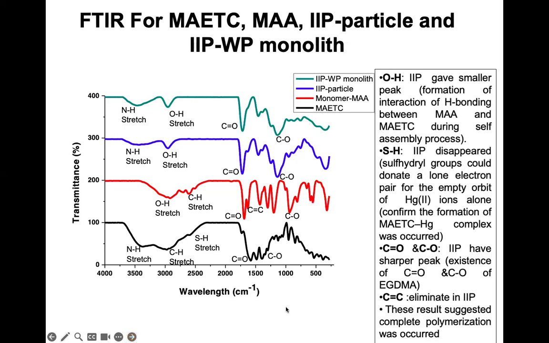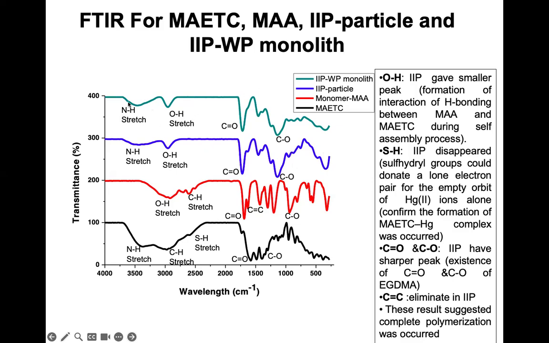Again, we use FTIR to check whether the MIP process is successful or not. So we compare the IR of the monomer and then the IR of the imprinted polymer.